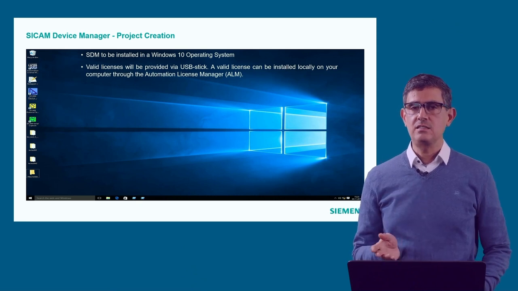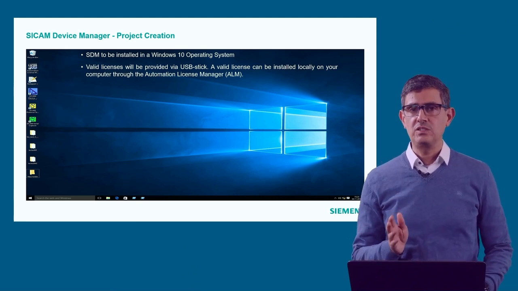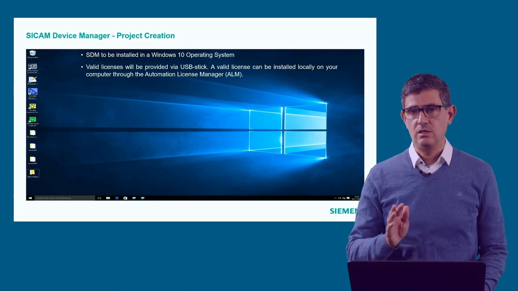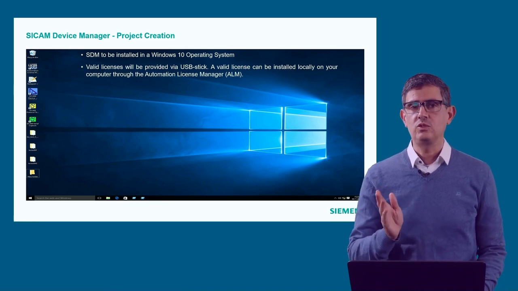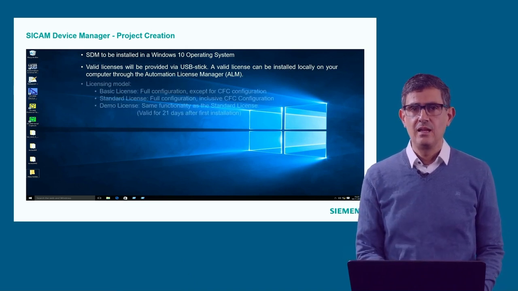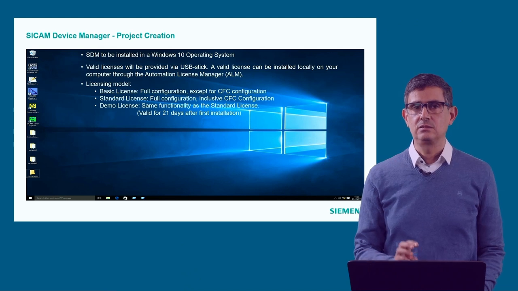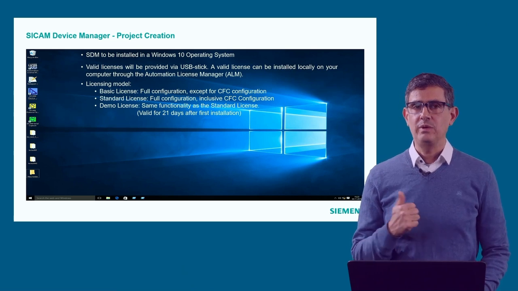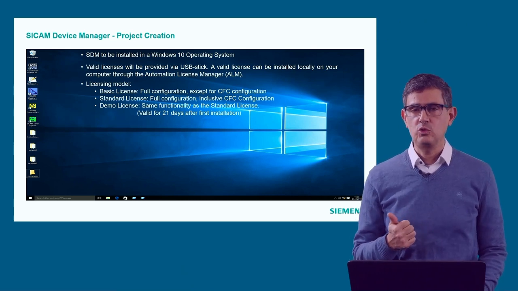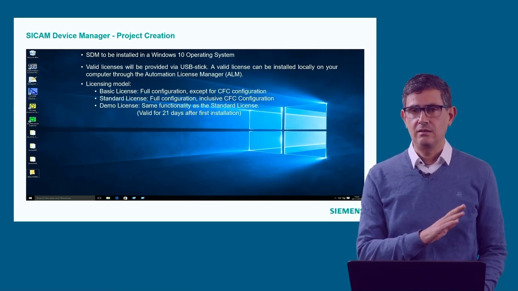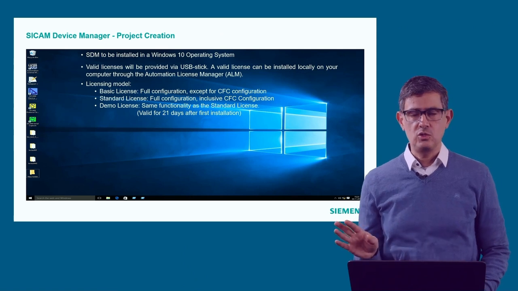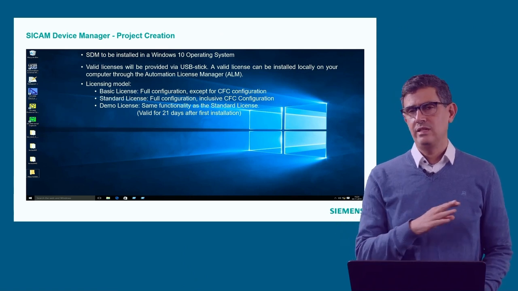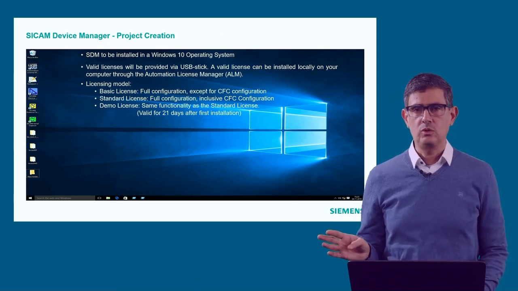The license is installed in the computer through the Automation License Manager, which is automatically installed when you install SICAM Device Manager. There are basically two types of licenses that you install in the computer. One is called the basic license. This allows you to configure any amount of RTUs that you want, all data points, all communication protocols.